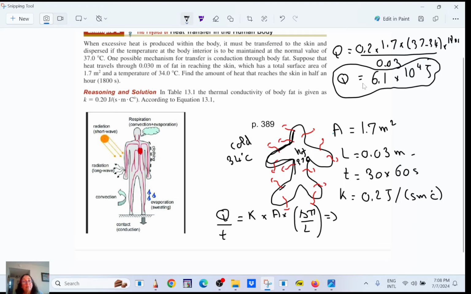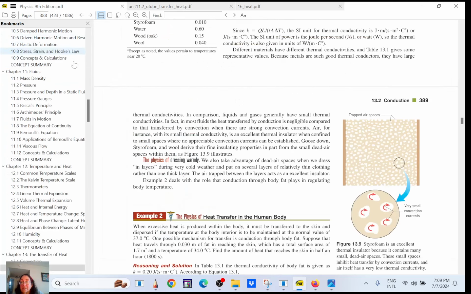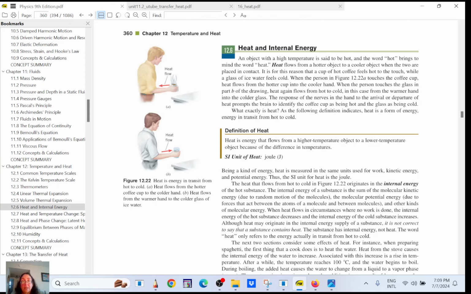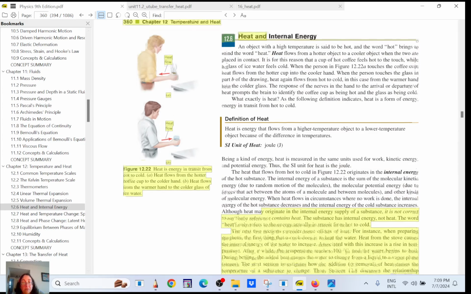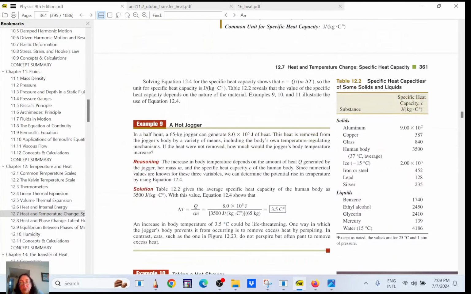But that's not enough, because in the previous problem, when we were talking about heat, on page 360, we were talking about the hot jogger.